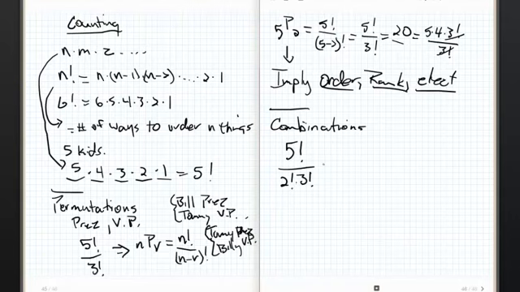So what I end up with is 5 factorial over 2 factorial times 3 factorial, and hopefully you see that 2 factorial is 2, so you end up with 10 ways to do that. There are 10 ways to select 2 things from a total of 5 if, this is the biggie, order doesn't matter. That's really key. If you don't see that, you're going to have issues.